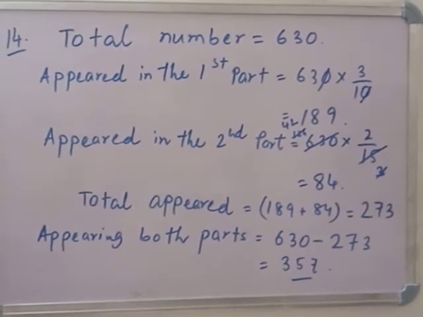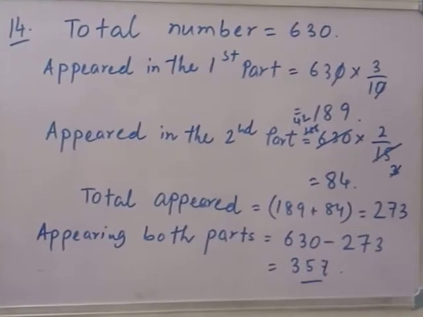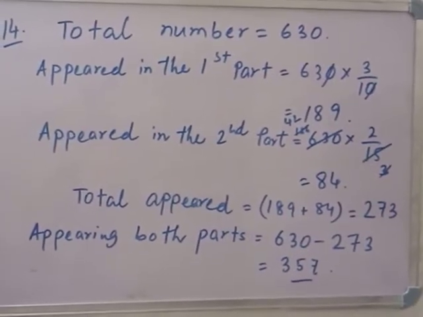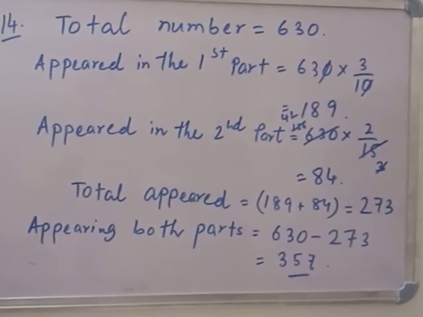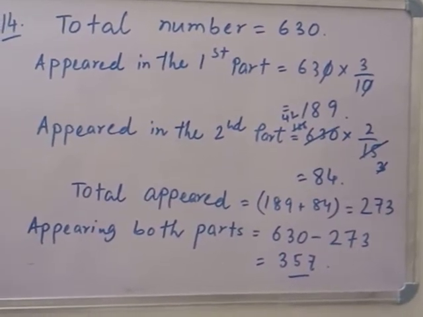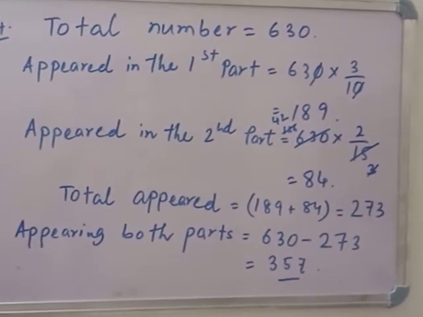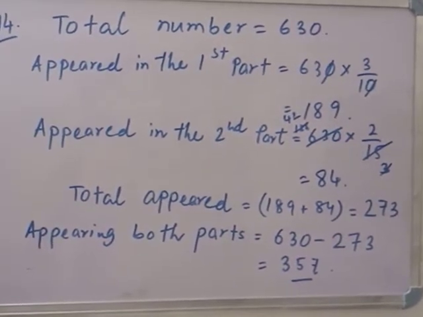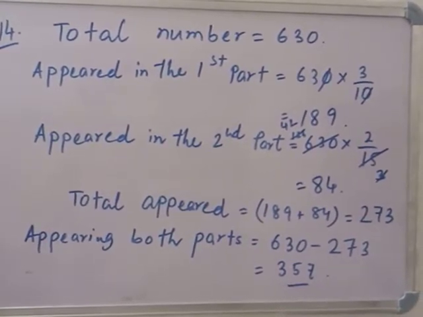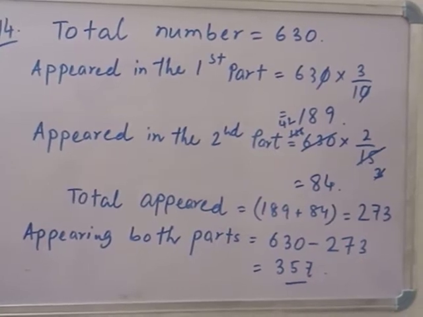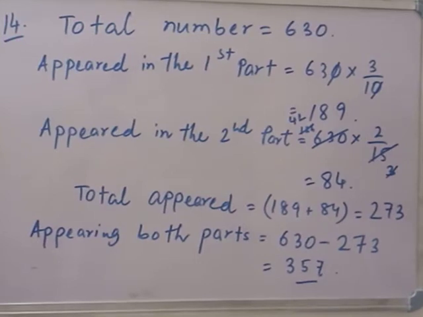Now in number 14, see that in an examination the total number of candidates is given as 630. Appeared in the first part, 3 by 10 of the total candidates. So 630 into 3 by 10 is 189. Appeared in the second part, that is 2 by 15 of the total candidates. That means 630 into 2 by 15.